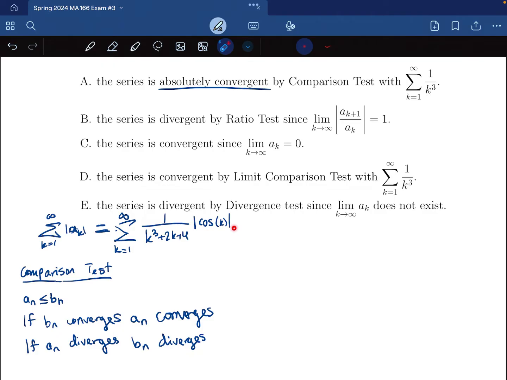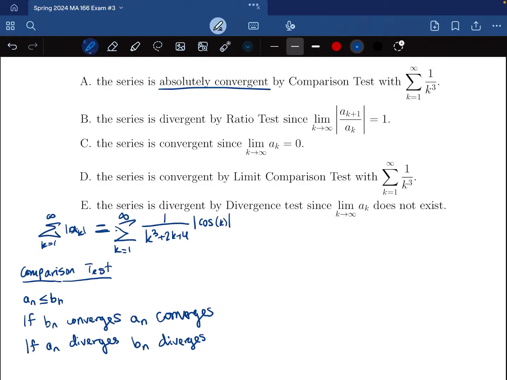So the numerator is smaller than or equal to 1, which means this overall expression is less than this. So in this case, AN is this, and BN is 1 over k cubed.